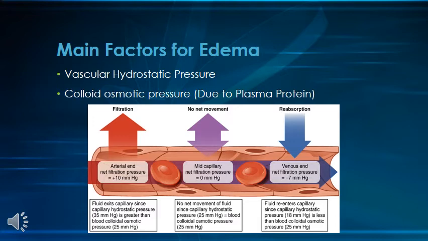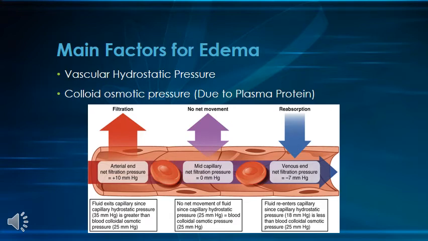It means if the result is negative, then fluid from outside will move into the blood vessel at the venous side. Okay, so this is actually a normal mechanism. If fluid moves from the arterial end into the interstitial spaces, then at the venous side fluid will also move into the blood vessel again. So the balance between these two mechanisms is necessary.